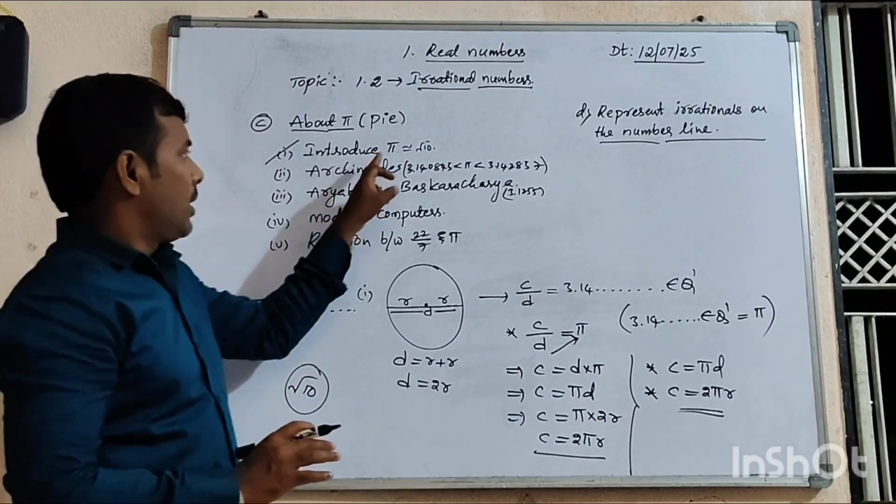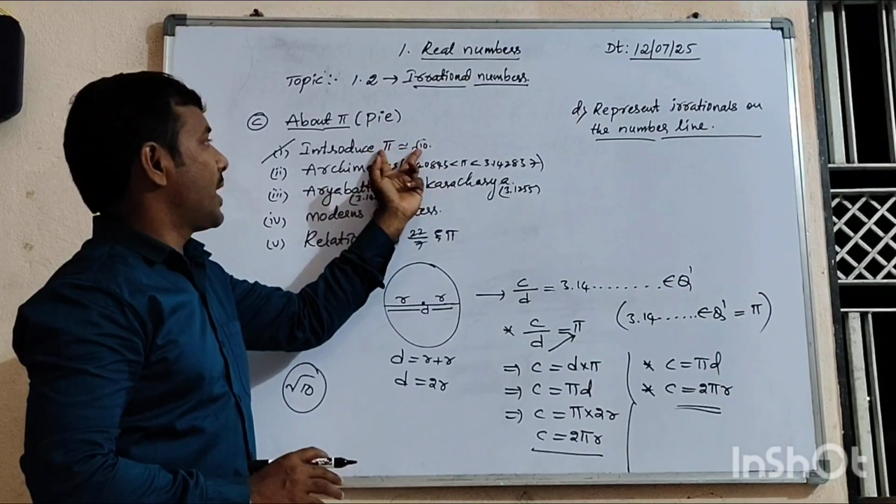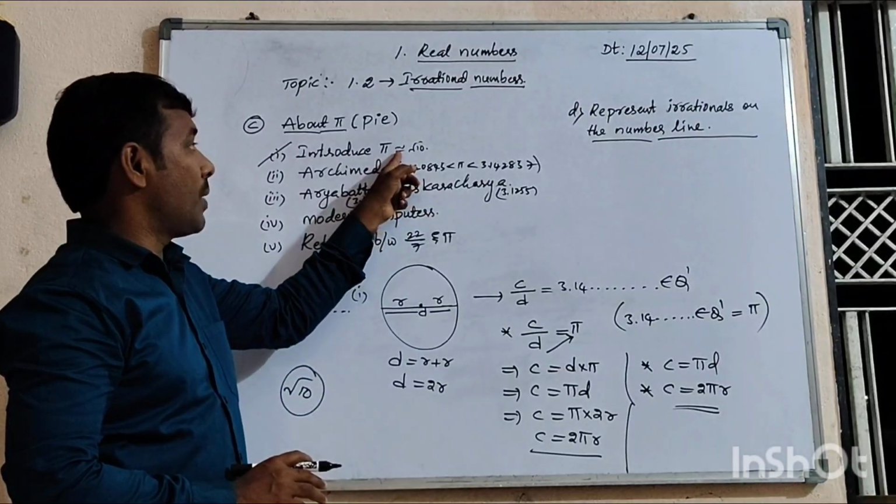So what I am saying is that the value of pi and the value of square root 10 are not exactly the same, they are approximately the same. This symbol is treated as approximately.